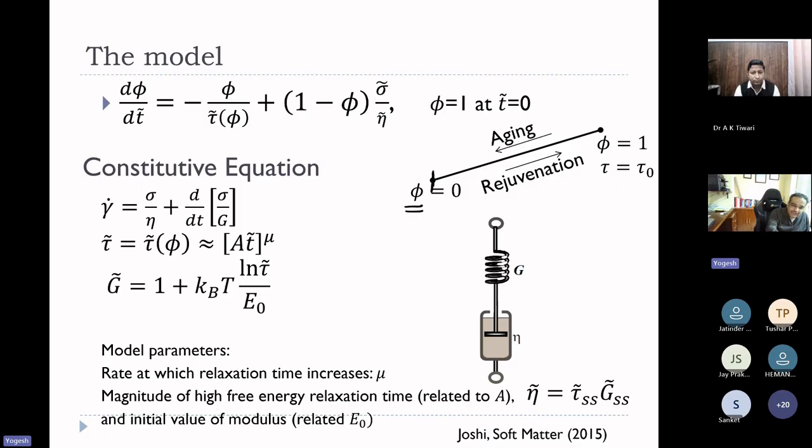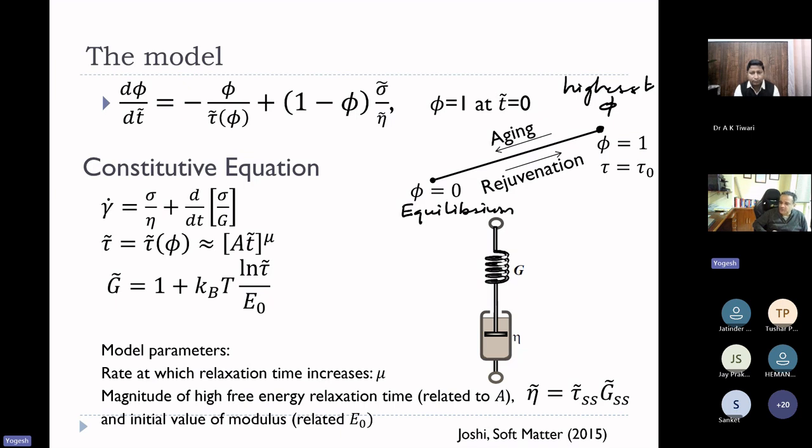This tends to be the equilibrium state, and let's imagine that this is the highest free energy state. Again, it's normalized, so we call it phi.